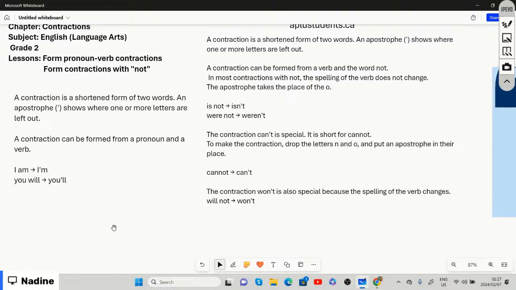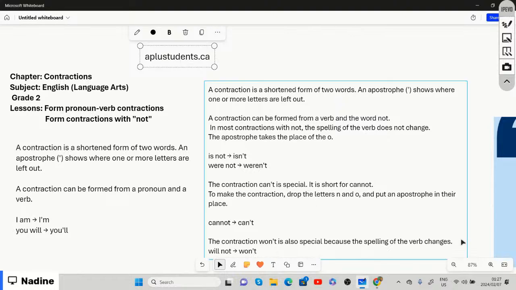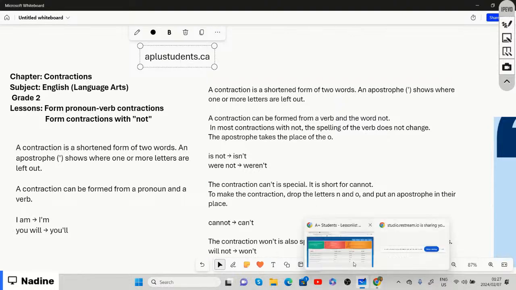Right? And we are doing our tutorial lesson on A plus students dot ca. So now we're going to A plus students dot ca.